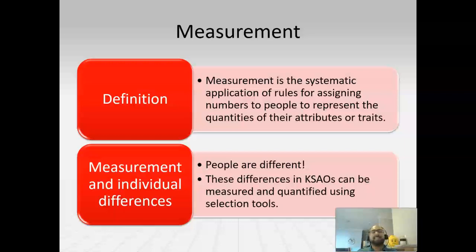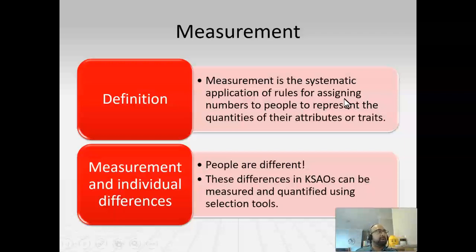Now, as per usual, let's pick this definition apart. First, measurement is the systematic application of rules. Systematic, class. So any selection technique is systematic and purposeful. The more purposeful, the better the measurement. Application of rules means that there's a decision process that goes into making sense of what comes from the selection tool.